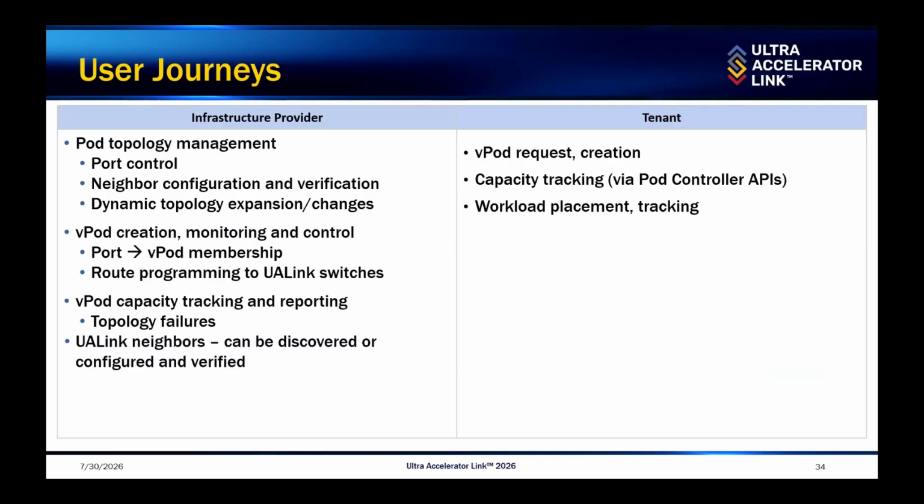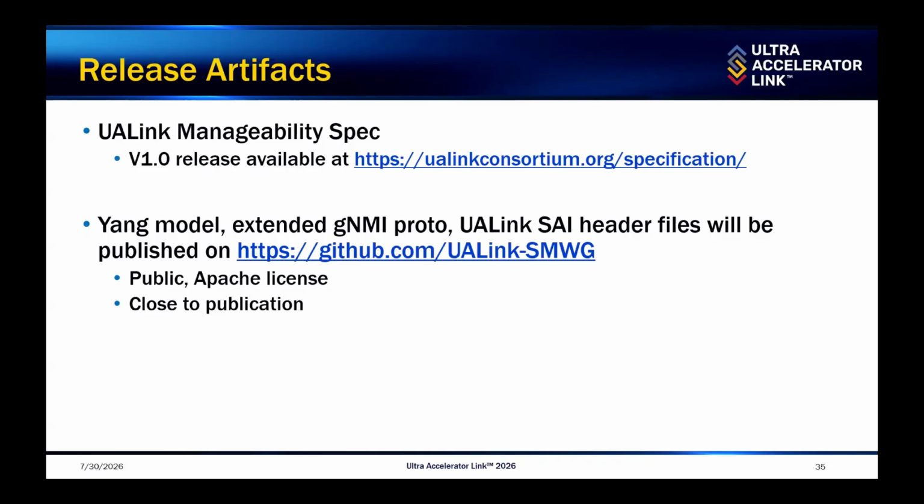So again, our management strategy has really been to enable these user journeys: pod topology management, discovery, configuration setup, virtual pod creation, monitoring, control, so that virtual pods can be distributed out to tenants, capacity tracking, reporting, neighbor verification, seeing who's on the other end of my link and validating that everything's plugged correctly, and similar flows that tenants can use.